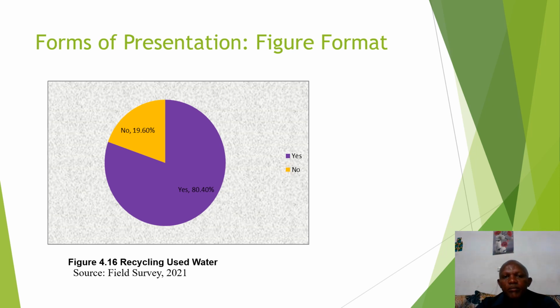Now, I've done a sample presentation. We know that whenever we present information like this, in figures, the title is usually below, and of course you indicate the source of the information. According to the APA style of referencing, whenever you have a figure, the title is usually below.